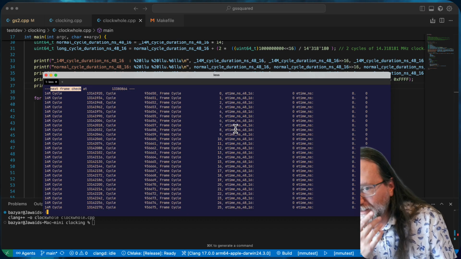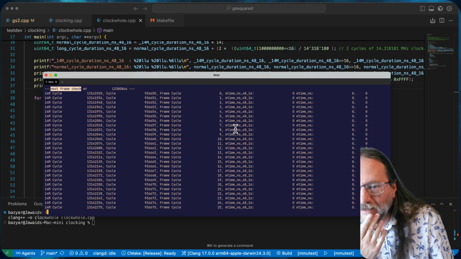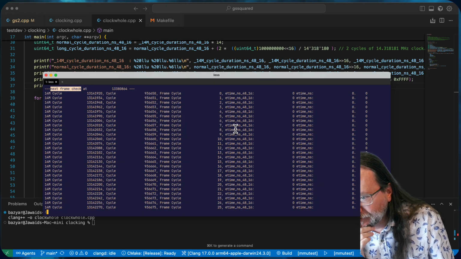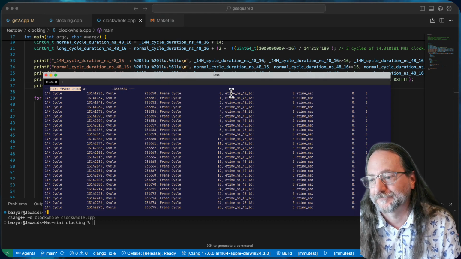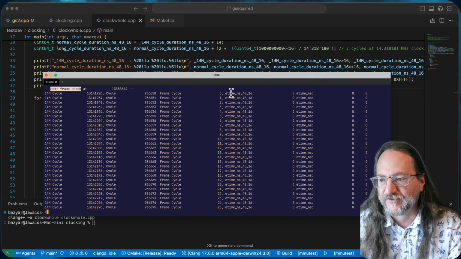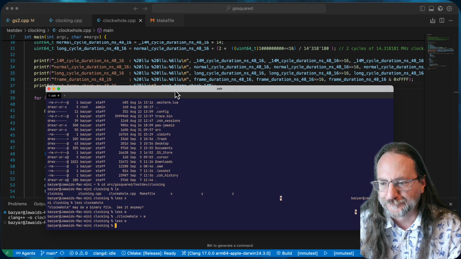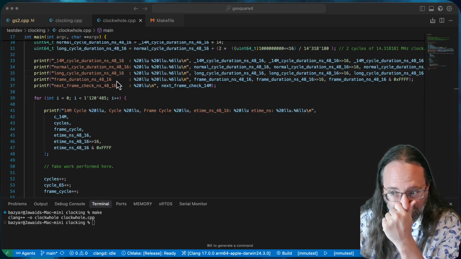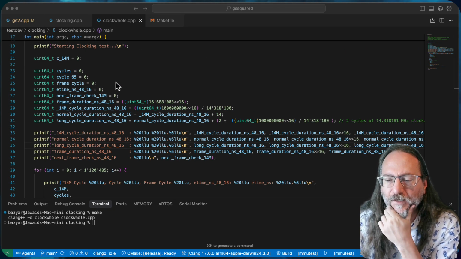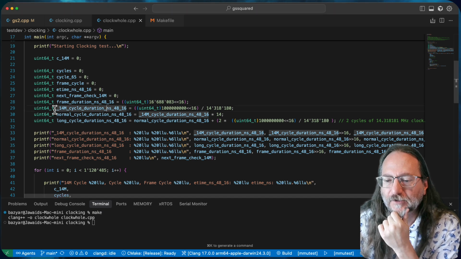Now I need to calculate the elapsed time. So I do have this figure from Sather, which is the 14M cycle duration.